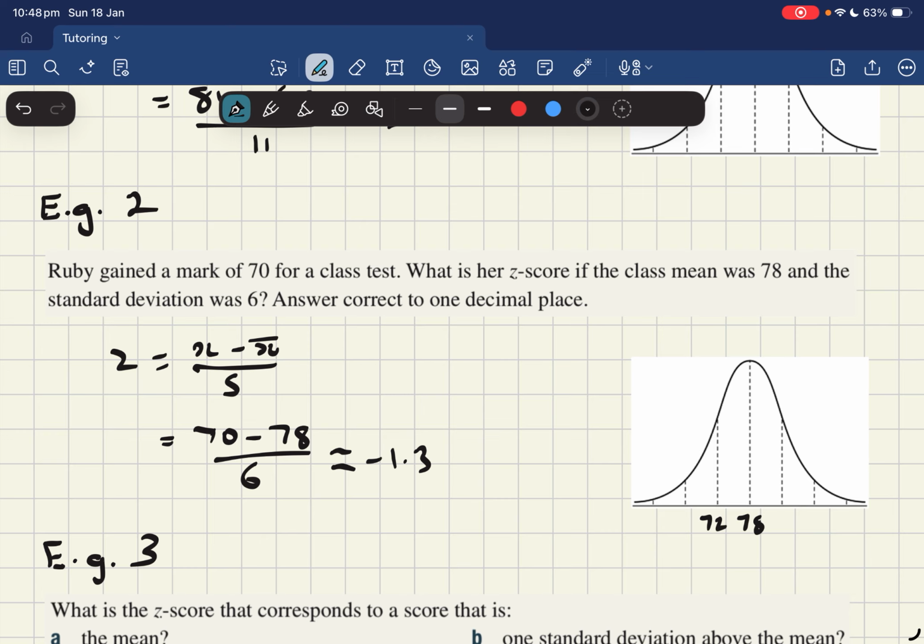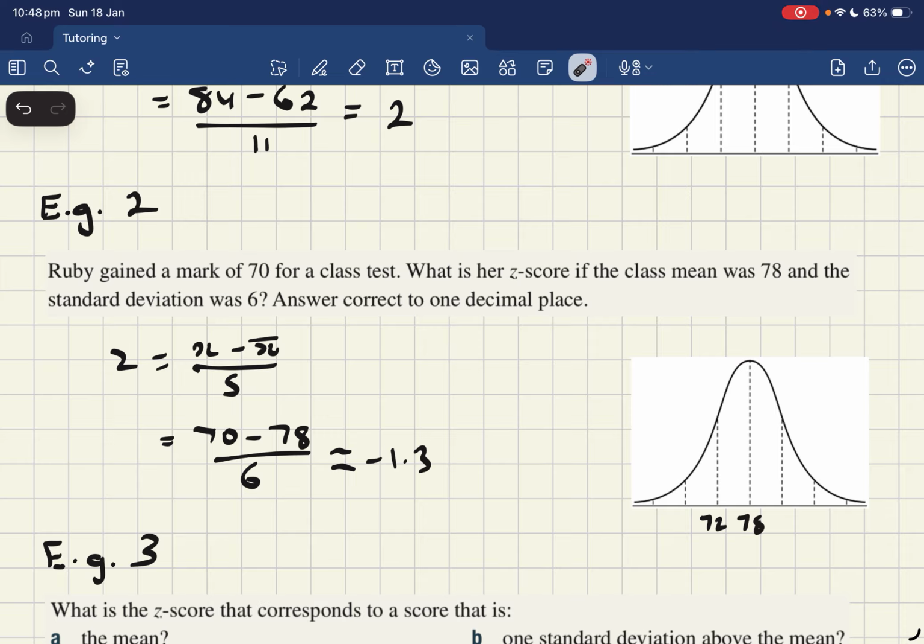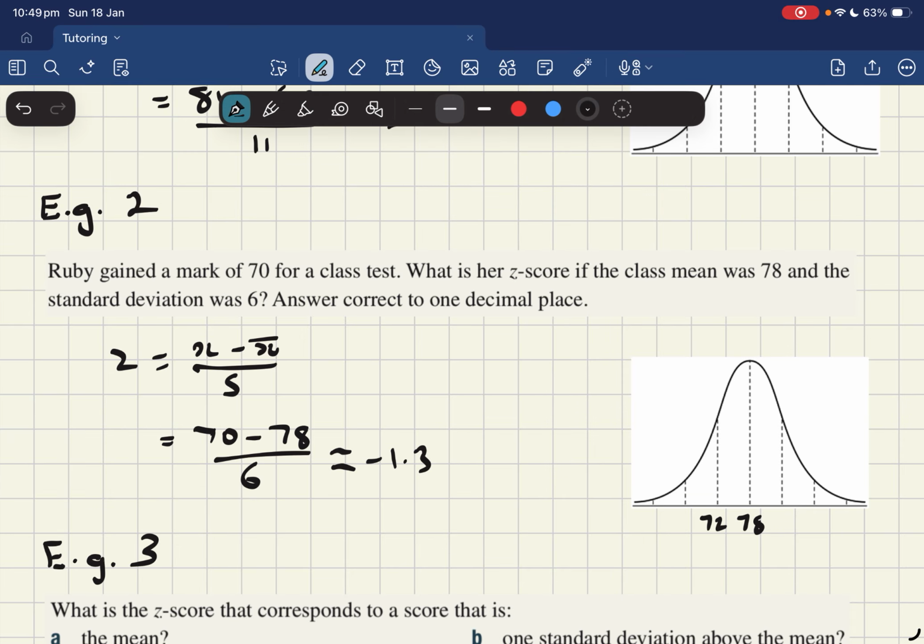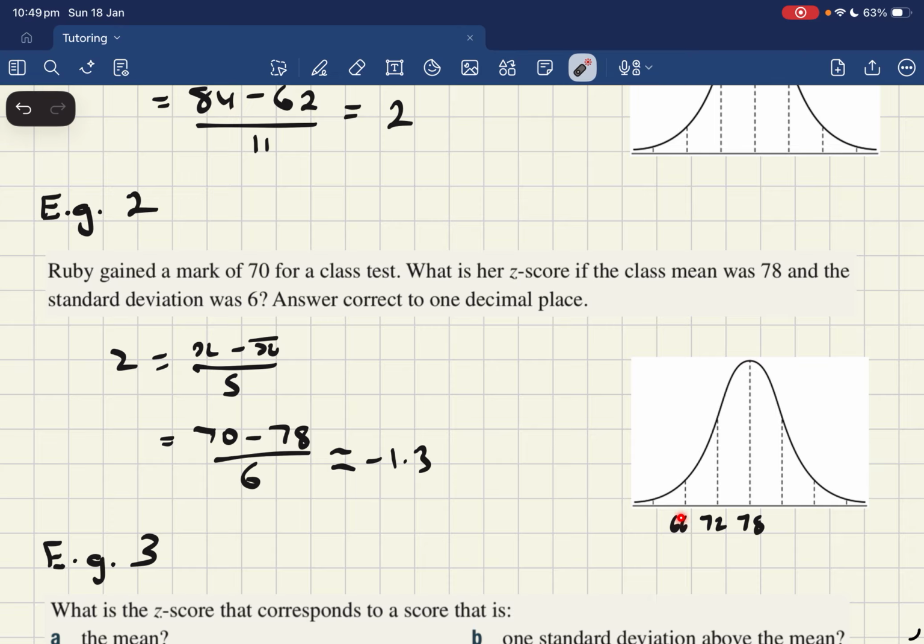So the score of 72 is one standard deviation lower than the mean, okay? So this one's 72. If this were written as a z-score, this would give us -1. Now, if we go 6 down again, that would give us 66. Now, her score of 70 is somewhere in between 66 and 72.